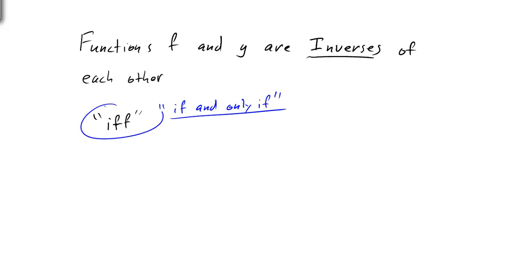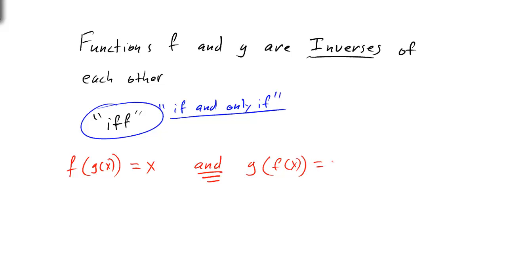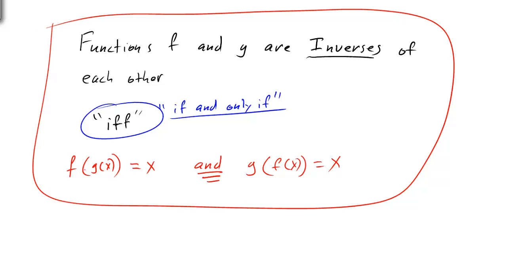Okay, so that's what this IFF means. I didn't misspell it. This stands for if and only if: f of g of x, so there's our composite function, f of g of x equals x, and g of f of x also equals x. So if you know that f of g of x equals x and g of f of x equals x, then we will have inverse functions.